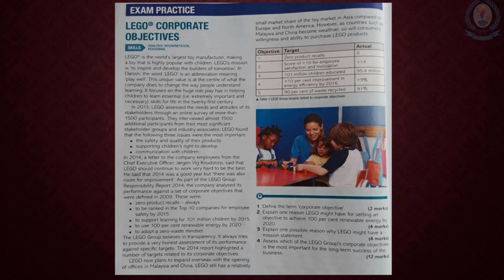For example, when you read the third paragraph of the case study, you may find some facts which are useful in answering question number 4. Then you can underline those important sentences and put the number 4. Then when you write the answer for question number 4, you can directly use those facts because you have already underlined the important facts related to question number 4.